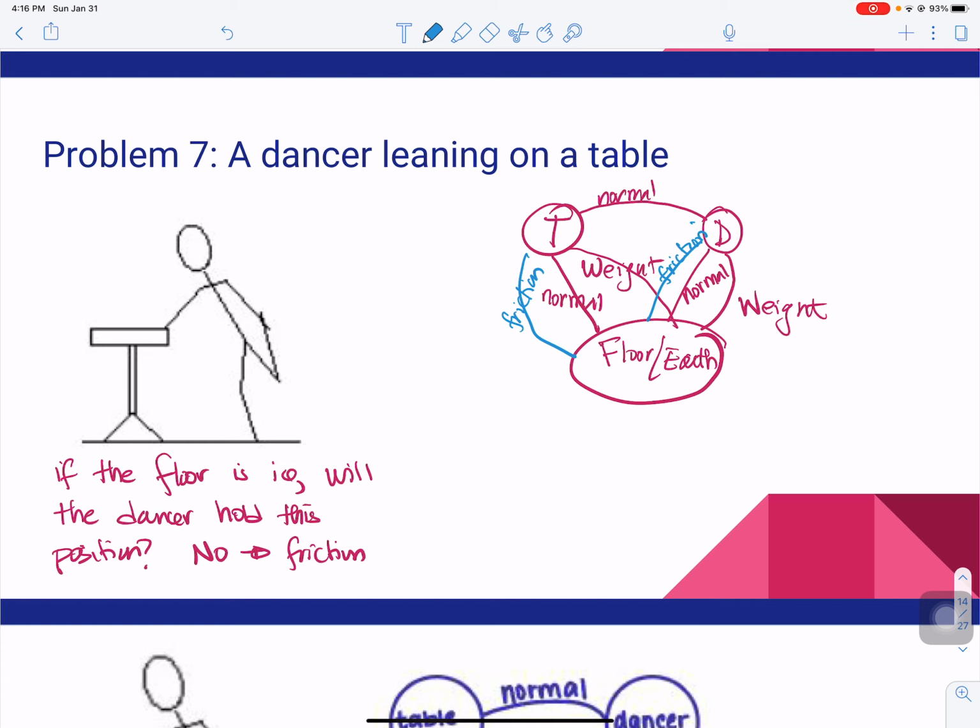Another thing to remember is that, again, if there's friction, there must be a normal force.